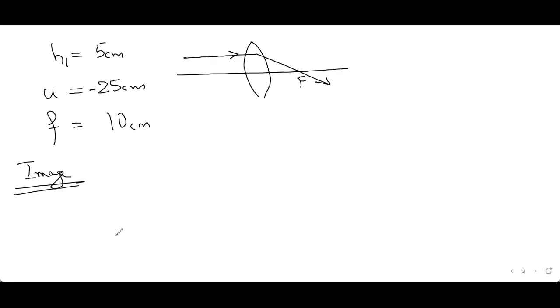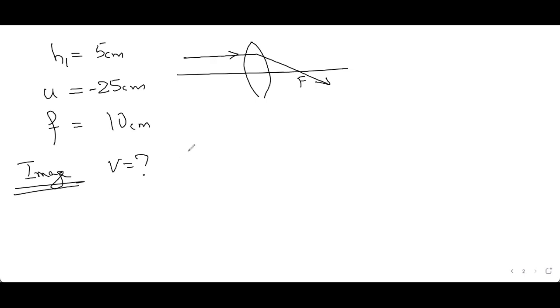Position means what variable do we need to find for position? What variable do we need to find? Very good, v. Now you tell me what formula will we use to find v?